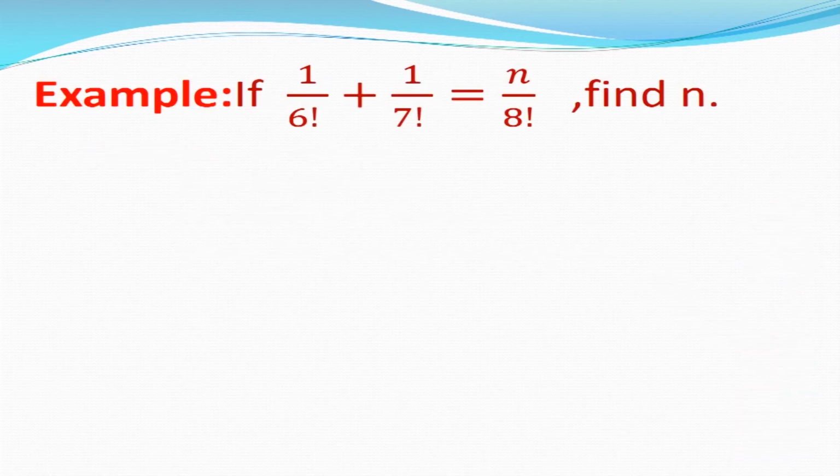Let's solve another example. If 1 by 6 factorial plus 1 by 7 factorial is equal to n by 8 factorial, find n. Here 1 by 6 factorial plus 1 by 7 into 6 factorial is equal to n by 8 into 7 into 6 factorial.